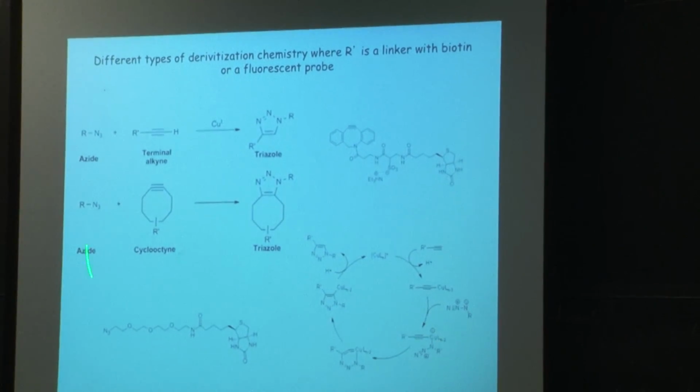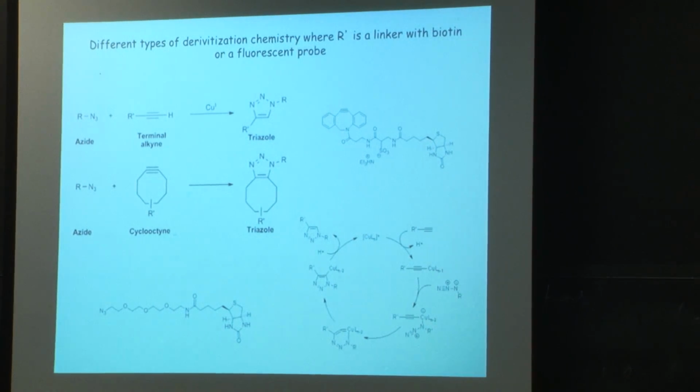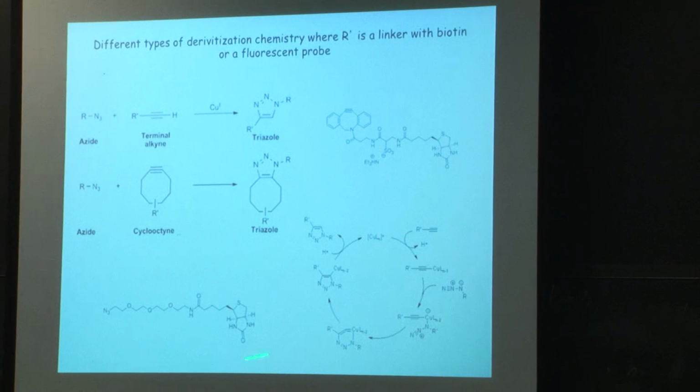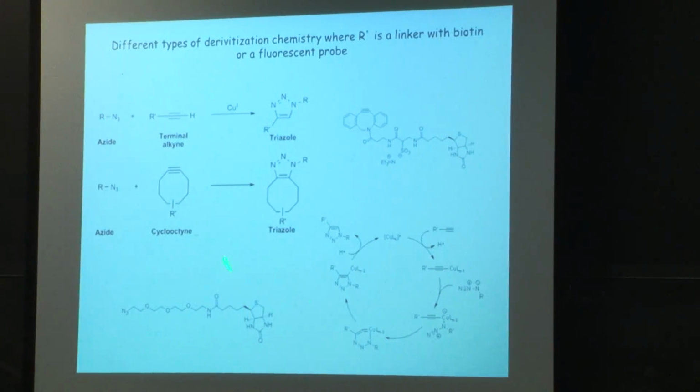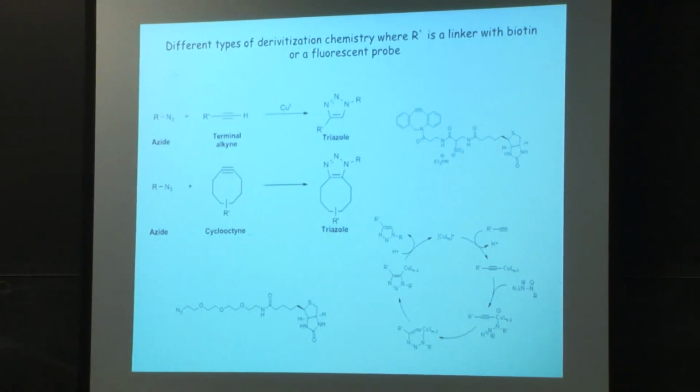And most of you have probably heard about click chemistry. It wasn't invented by Barry, but Barry popularized it. And it's copper catalyzed in most reactions, but to do that, you do it in cell extracts, because copper is really toxic to cells. So it's not useful for looking at this inside the cell.